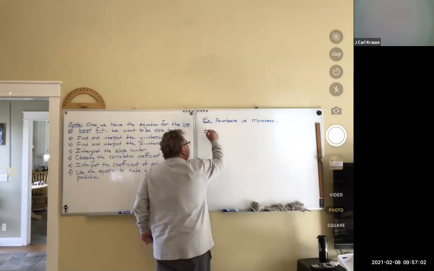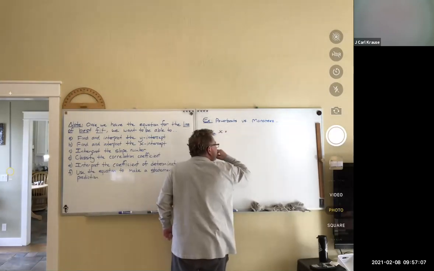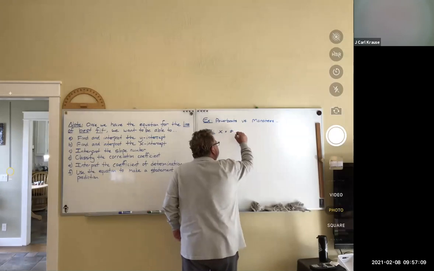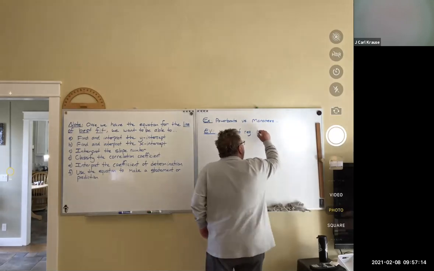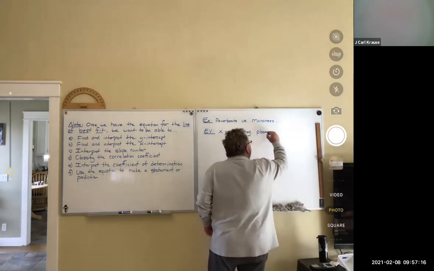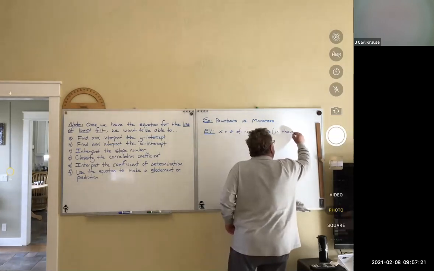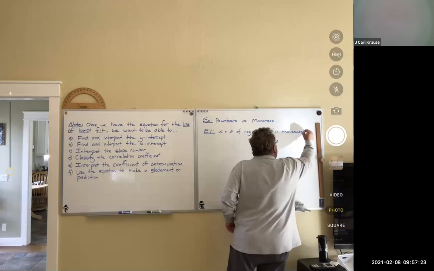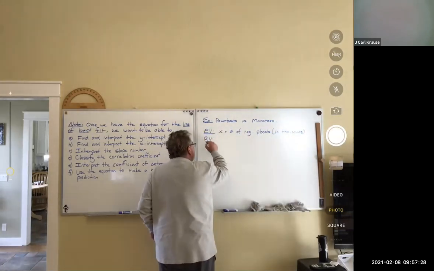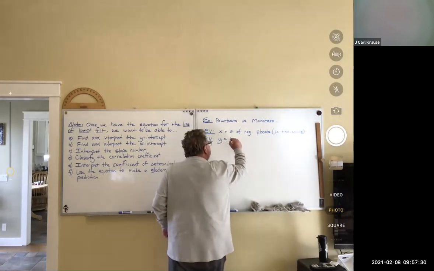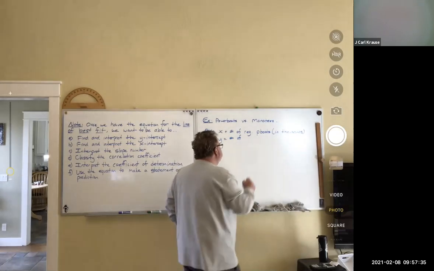So our explanatory variable is x, and that is the number of registered powerboats in thousands. And our response variable, y, is the number of manatees killed.